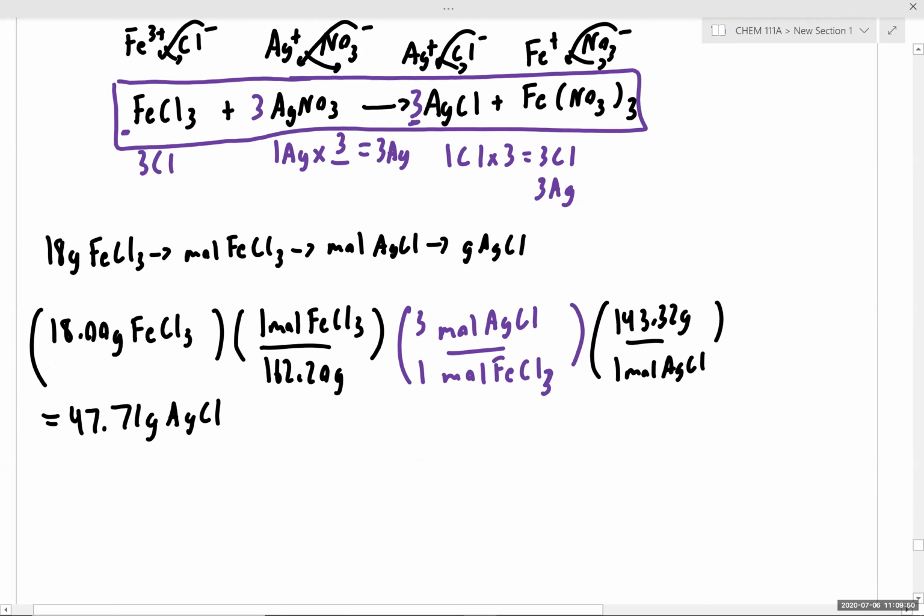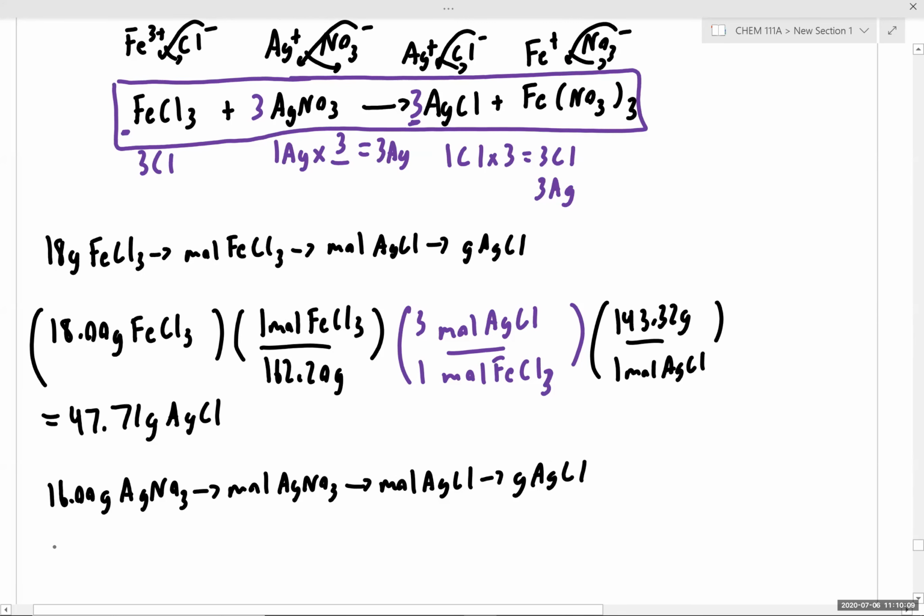Let's do the same calculation for our 16.00 grams of silver nitrate. So we're going to go to the moles of silver nitrate, followed by the moles of silver chloride, followed by the grams of silver chloride.